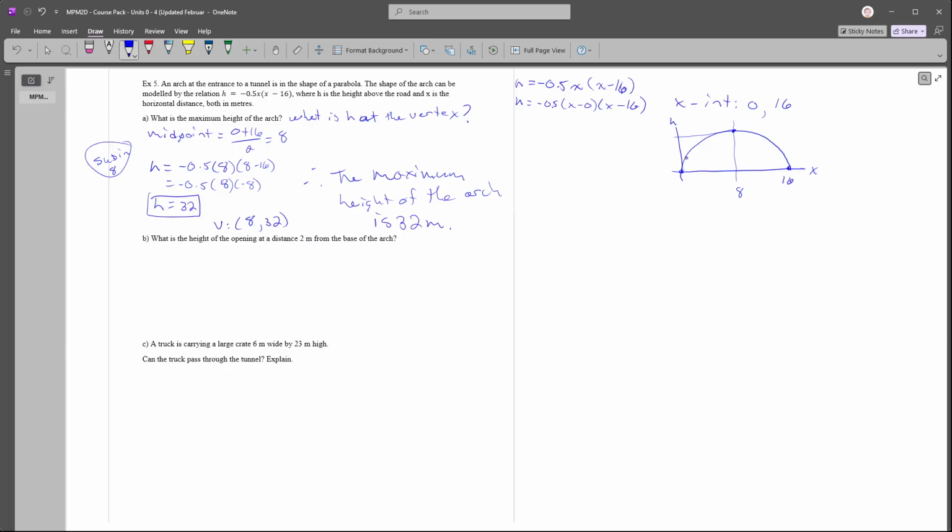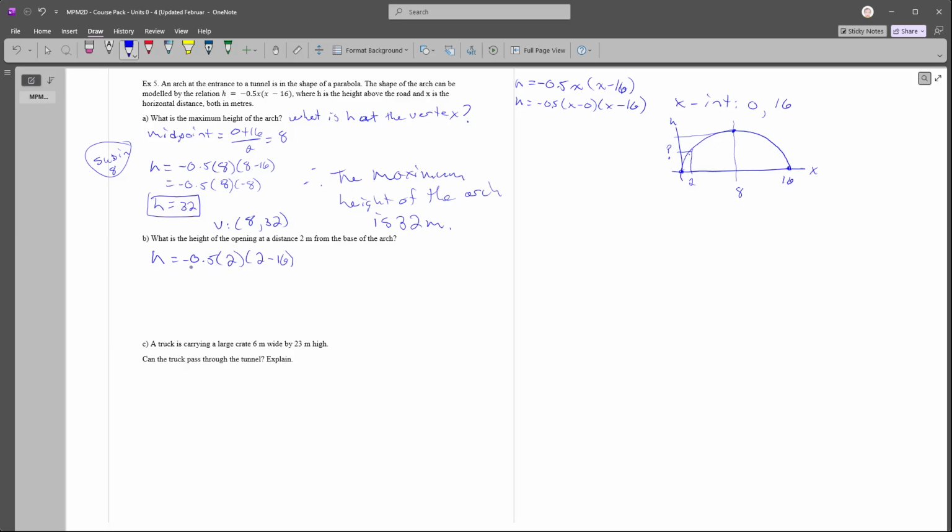Great. What is the height of the opening at a distance 2 meters from the base of the arch? So basically we want to know if this is 2, what is the height at 2? So this just comes down into substitution again. We're going to substitute a value of 2 in for the equation to solve for h. Okay? So h is equal to negative 0.5 times 2 times 2 minus 16.